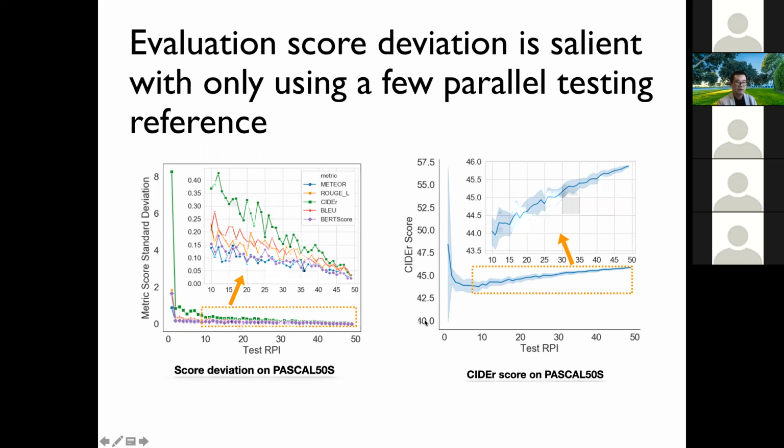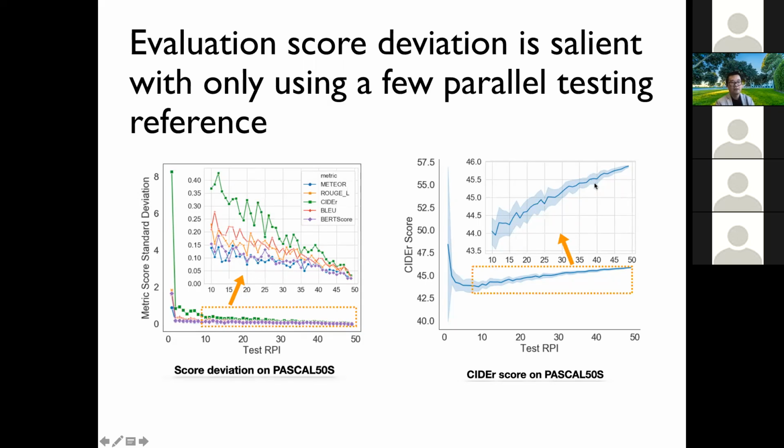In these two figures, as you can see, if we have less than 10 references in the test set, then you should really worry about the result, because if people are not showing the variances in the evaluation result, and they have less than 10 references, some of the results can actually be very unstable. In this case, if you look at Cider, the score actually varies a lot in different runs when you're looking at different references.